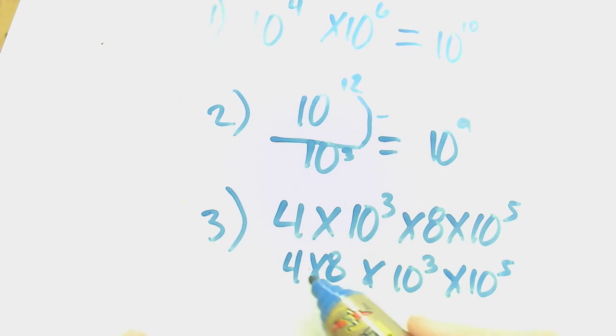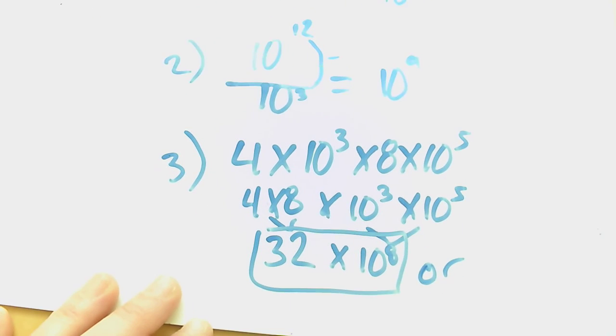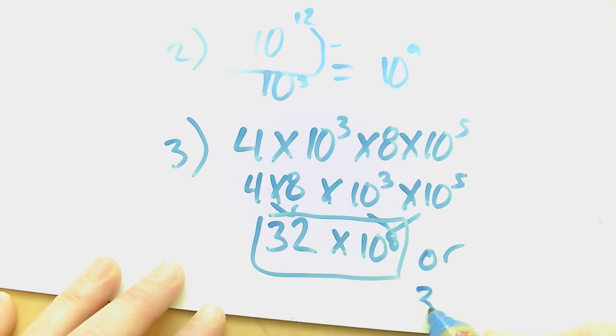If I simplify that, 4 times 8 I know is 32. 10 to the 3rd times 10 to the 5th I know is 10 to the 8th. So I would probably leave my number like this as 32 times 10 to the 8th. Or if you want to put it in proper scientific notation, you could write 3.2 times 10 to the 9th.